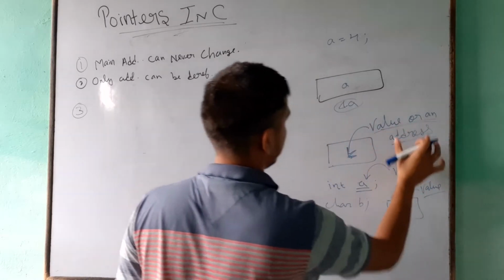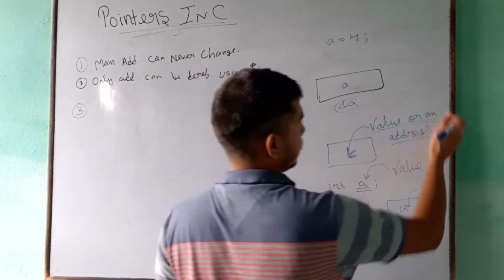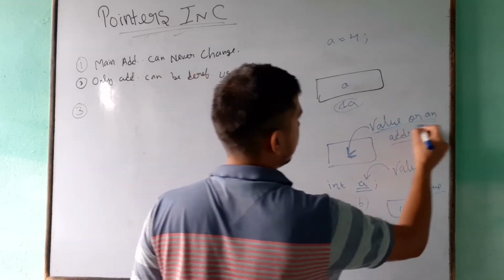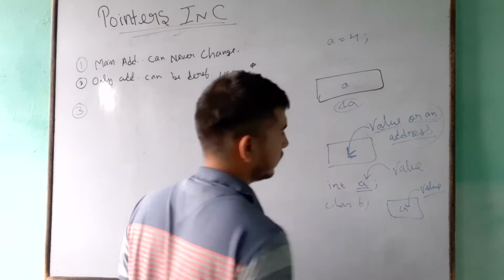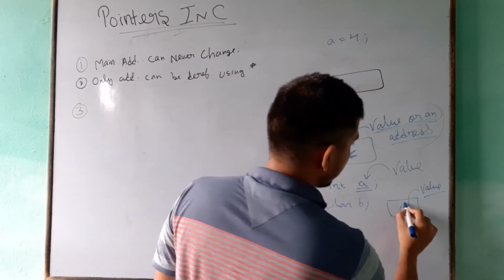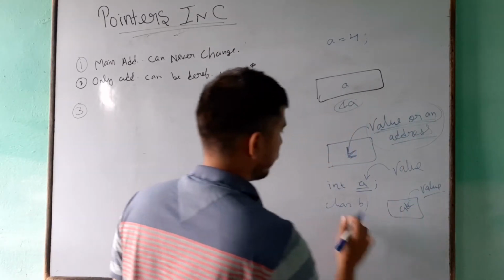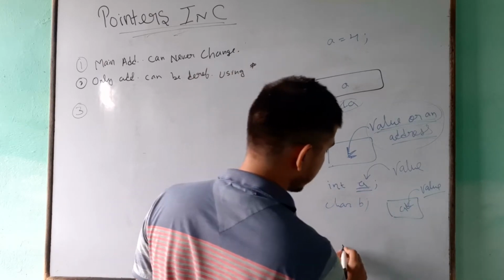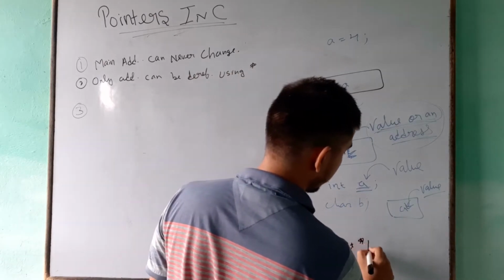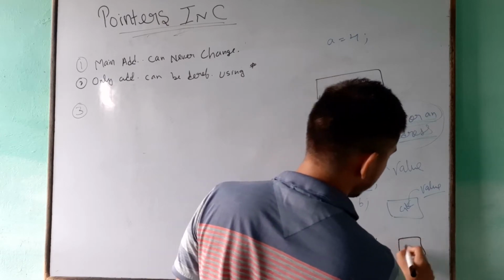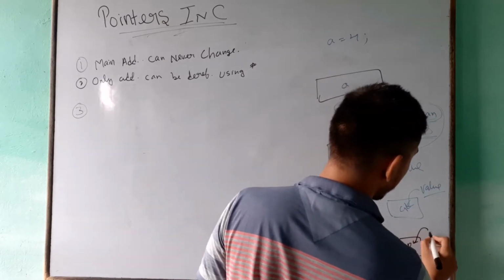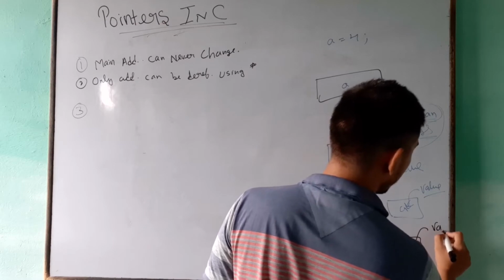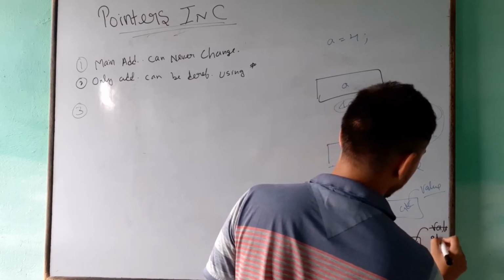Remember that. With pointers, all pointers, you just need to understand this. So this will only be able to hold a value when we are talking about a normal variable. When we talk about pointer variables, we will see that this will be able to hold an address also.